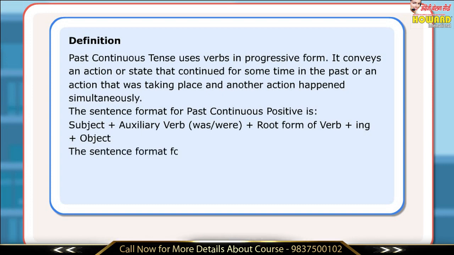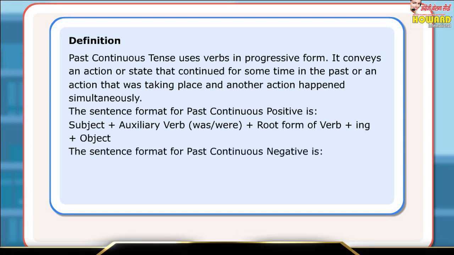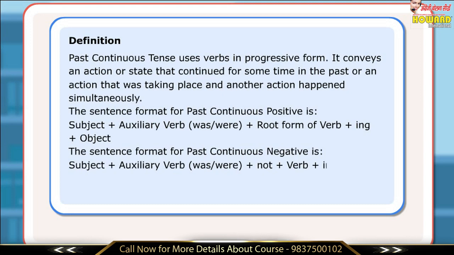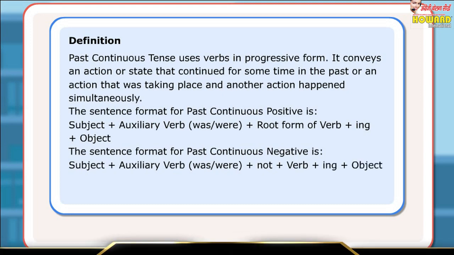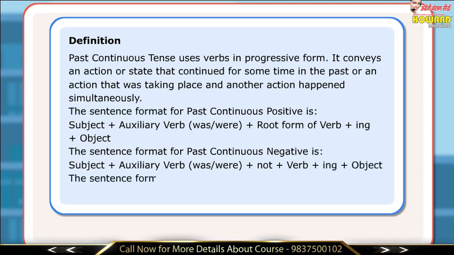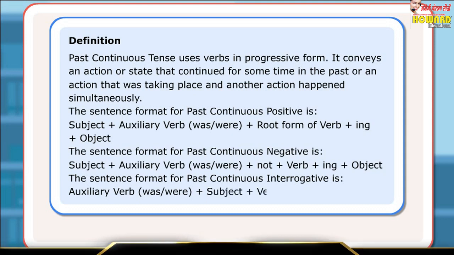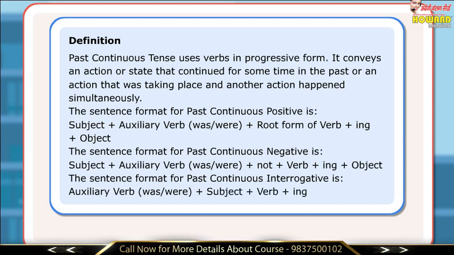The sentence format for past continuous negative is subject plus auxiliary verb was or were plus not plus verb plus ing plus object. The sentence format for past continuous interrogative is auxiliary verb was or were plus subject plus verb plus ing.